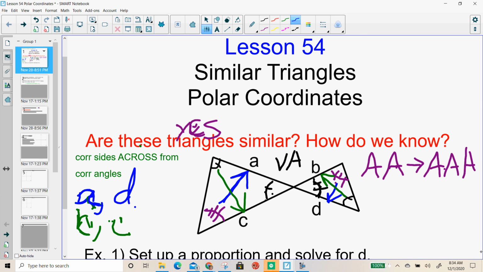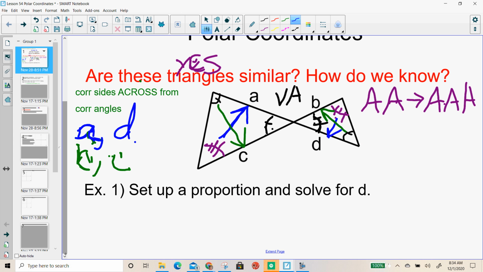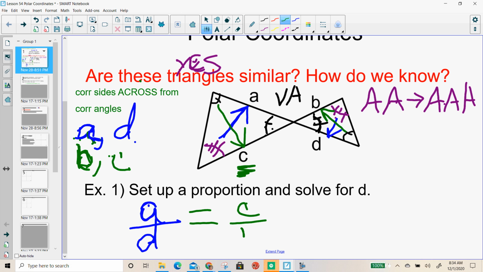So once I have thought that through, I can set up a proportion and solve for D. I know that A and D are corresponding sides, so I can say A over D. And B and C, we set our corresponding sides. And let's see, now I have to be careful. I started with the triangle on the left when I wrote A over D. So for my fraction on the right, I have to start with the triangle on the left again and say C over B, so that I did both of those as left over right.